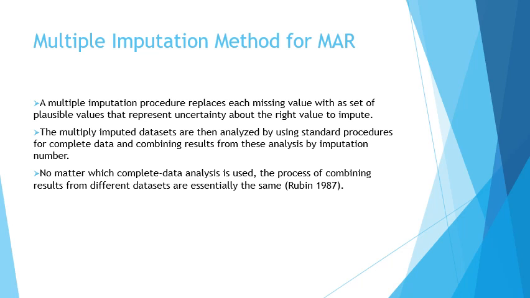The multiple imputed data sets are then analyzed using standard procedures for complete data, and the results from these analyses are combined by imputation number. Third, no matter which complete data analysis is used, the process to combine results from different data sets is essentially the same in multiple imputation, using Rubin's rule.